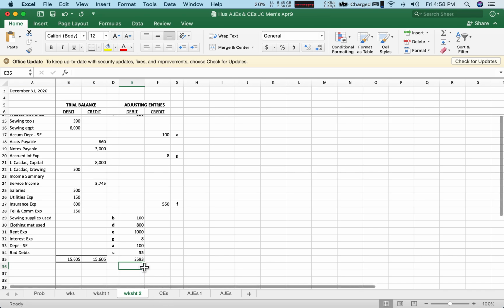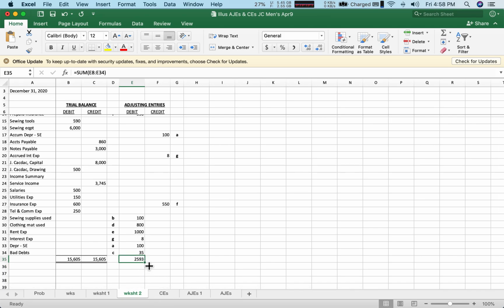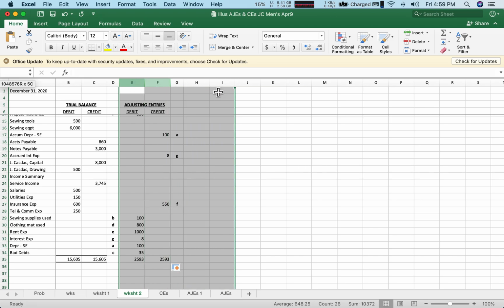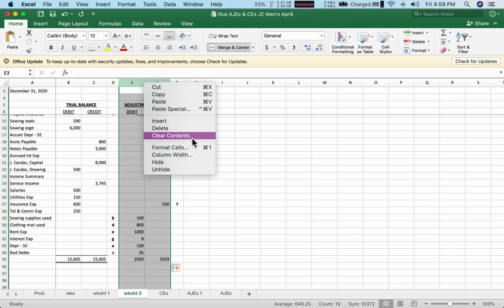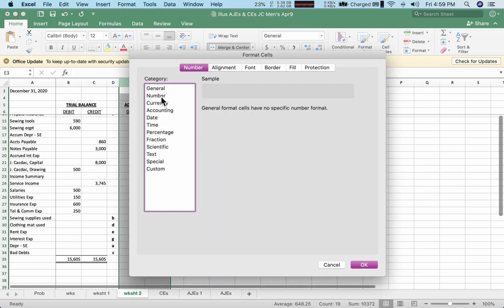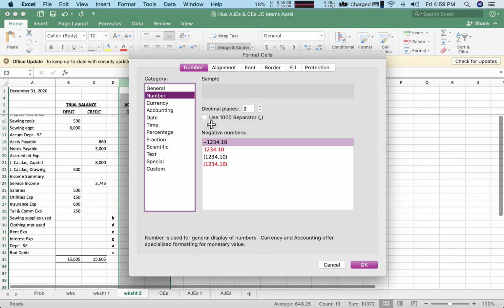Okay, we copy that, copy it here, just drag it. So it's the same. Format this. It should be number with a separator. No zeros.